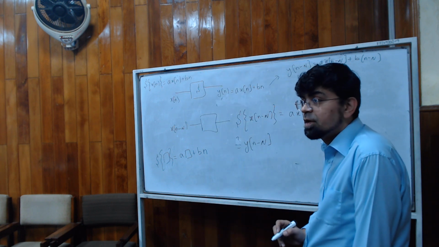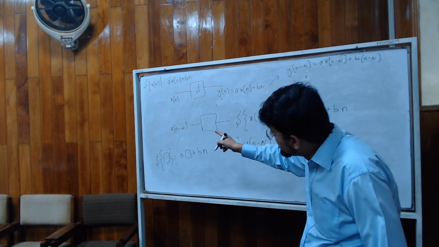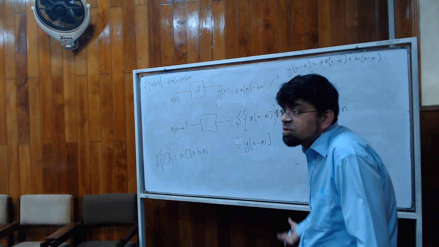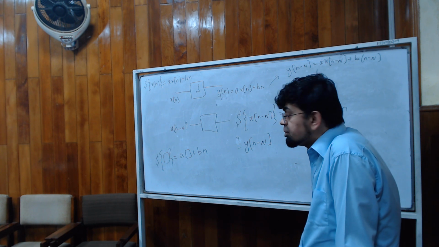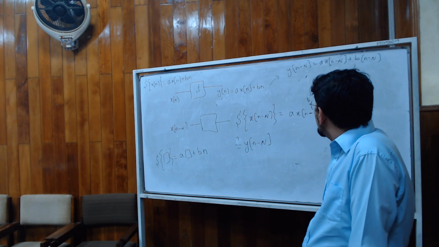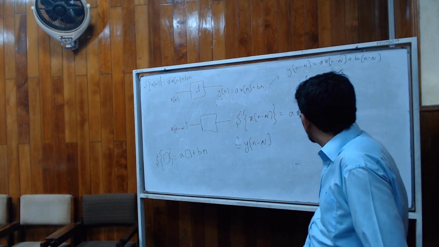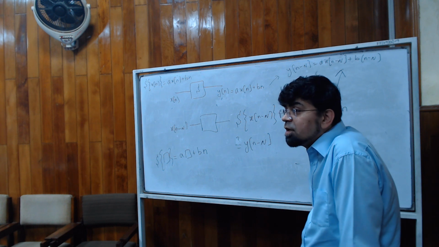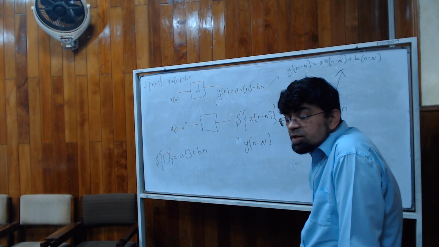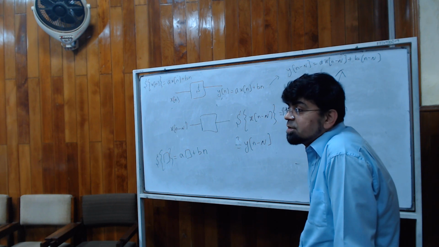Now previously you put x n in the box; now put x n minus n in the box. Nothing else changes, n needs nothing. This is variant. So now you can see that these two are not equal, unless, of course, b is 0. So unless b is 0, in general this is a time varying system.